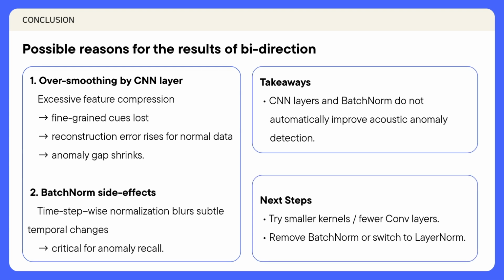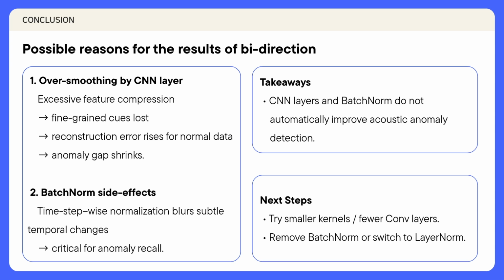We interpret the poor results of the bidirectional CNN LSTM model from two perspectives. First, over-smoothing by the CNN. The CNN layer squeezes features so hard that the LSTM loses the tiny cues it needs. Normal samples end up with larger reconstruction errors.